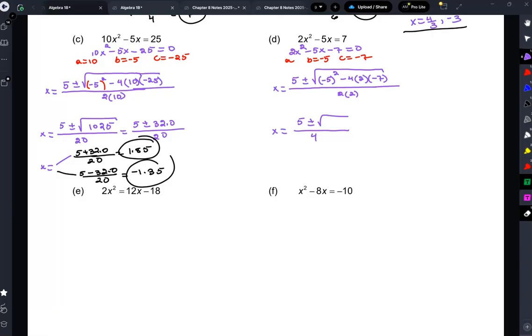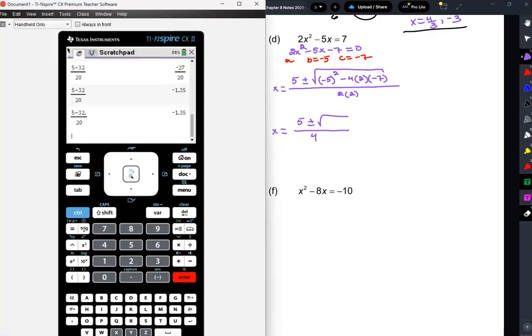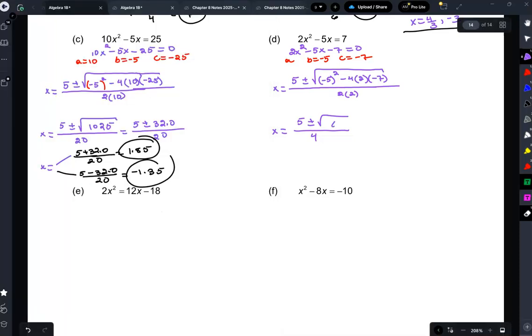Tell me what you get. What is it? 81. Oh, now, you know what? We're not going to use the calculators anymore for this problem. Because what's the square root of 81? 9. So this is 5 plus or minus 9 over 4.